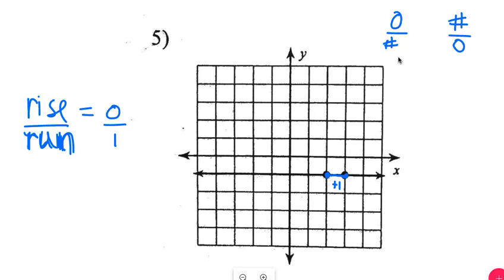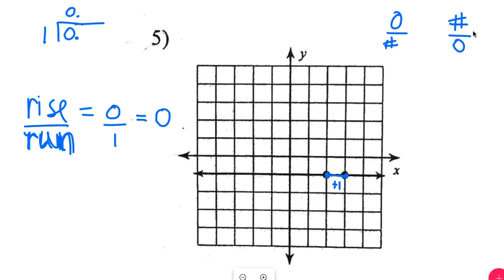I always forget, so when I get this situation, I need to divide. So I would say, okay, 0 divided by 1. Well, 1 times 0 is 0. So 0 over 1 ends up equaling 0.